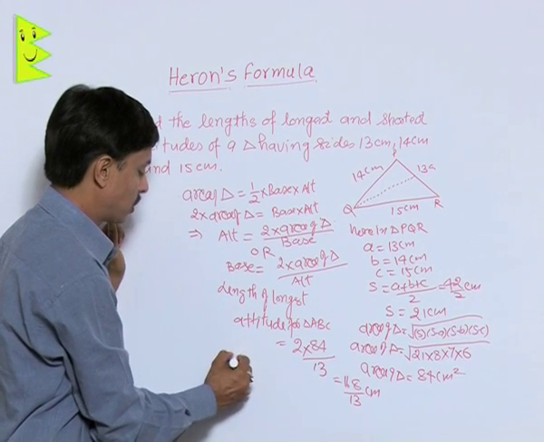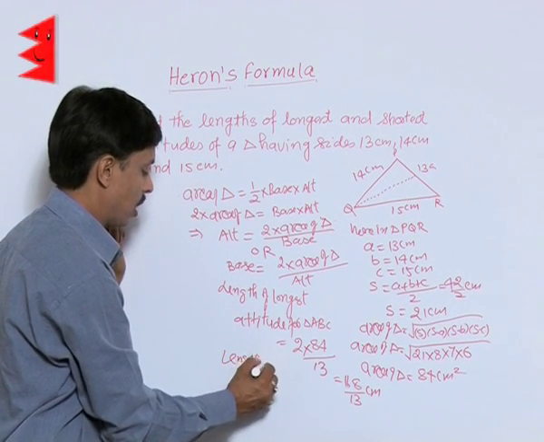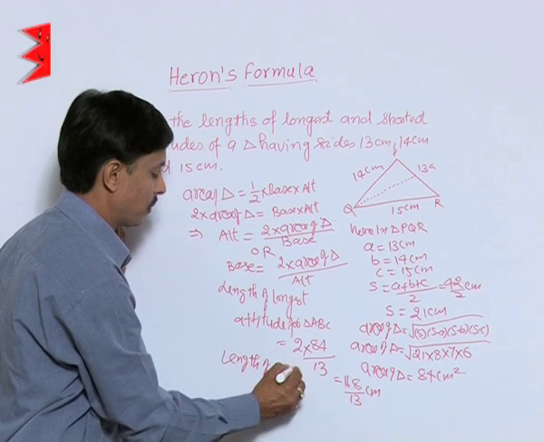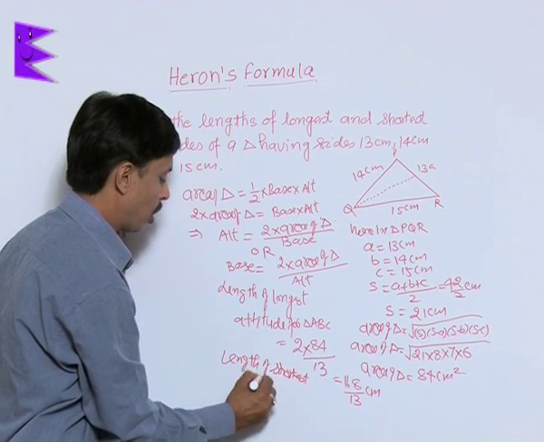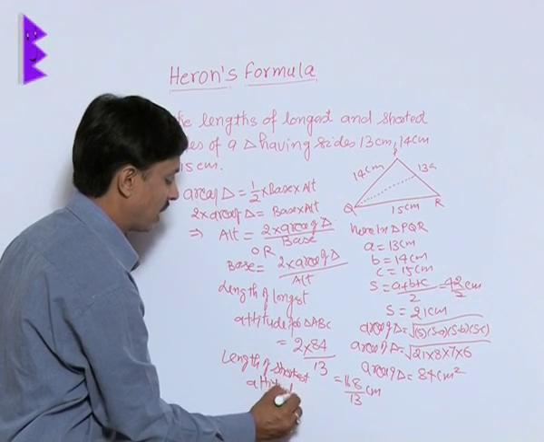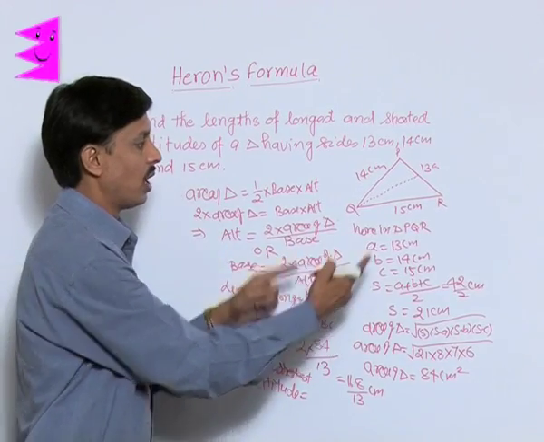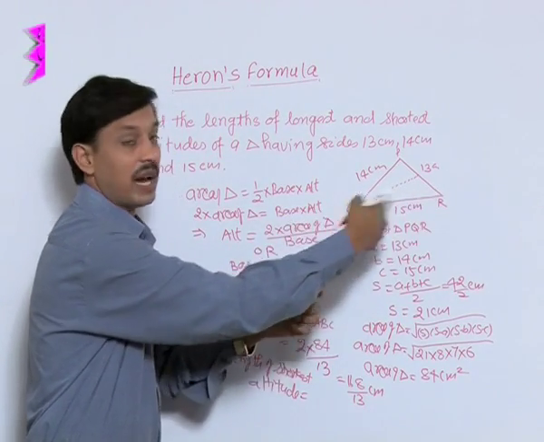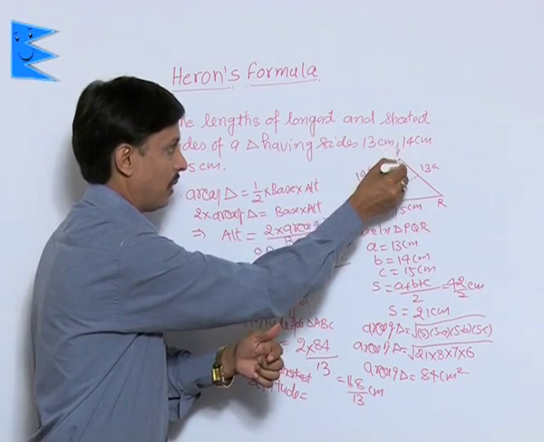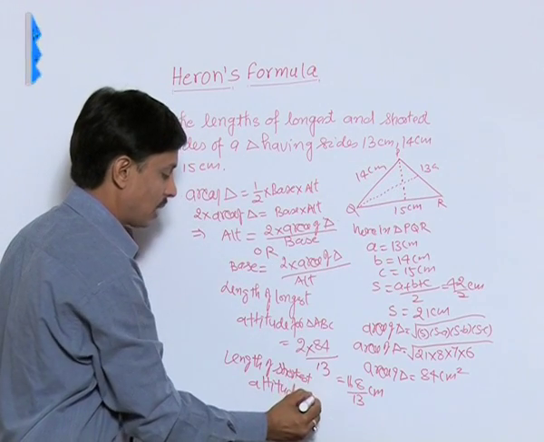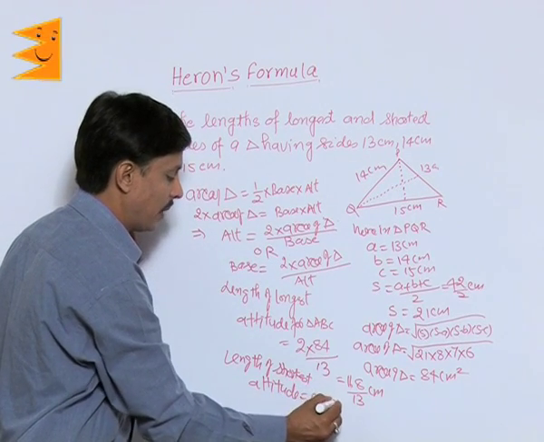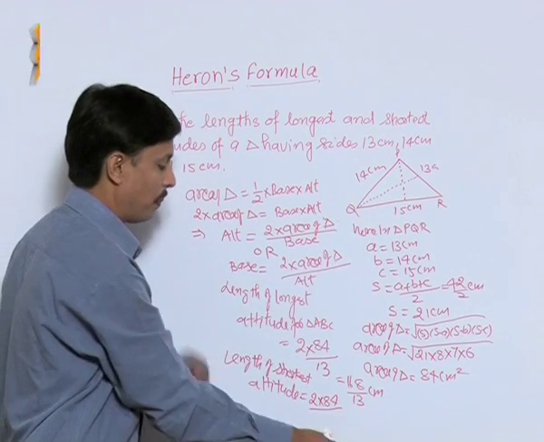Now length of the shortest altitude. To find the length of shortest altitude, I have to use the longest side as base, and that will come from P. Answer will be 2 into area, 84 upon base.